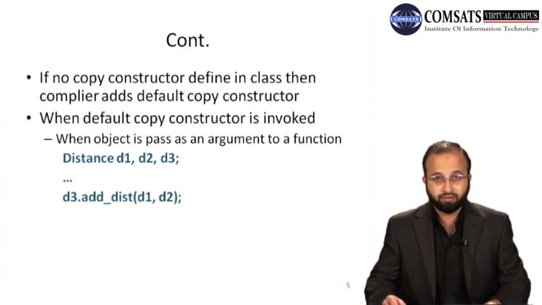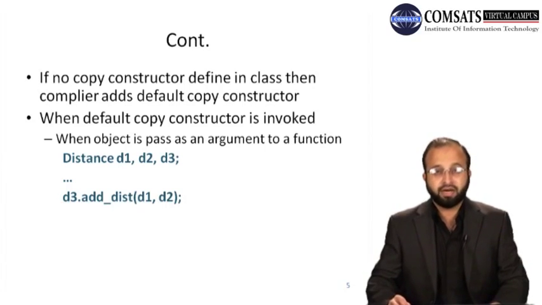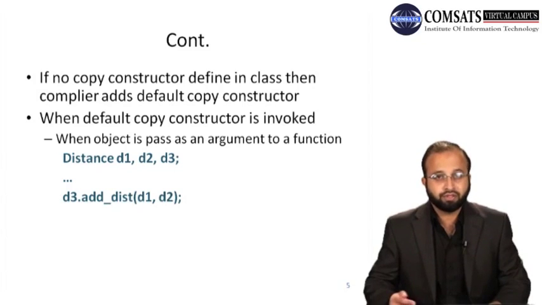Now these two objects will be passed to the function addDest by value. This means that the value of d1, that is the feet and inches, will be copied into the first parameter of the addDest function, and the value of d2 will be copied to the second parameter of the addDest function.